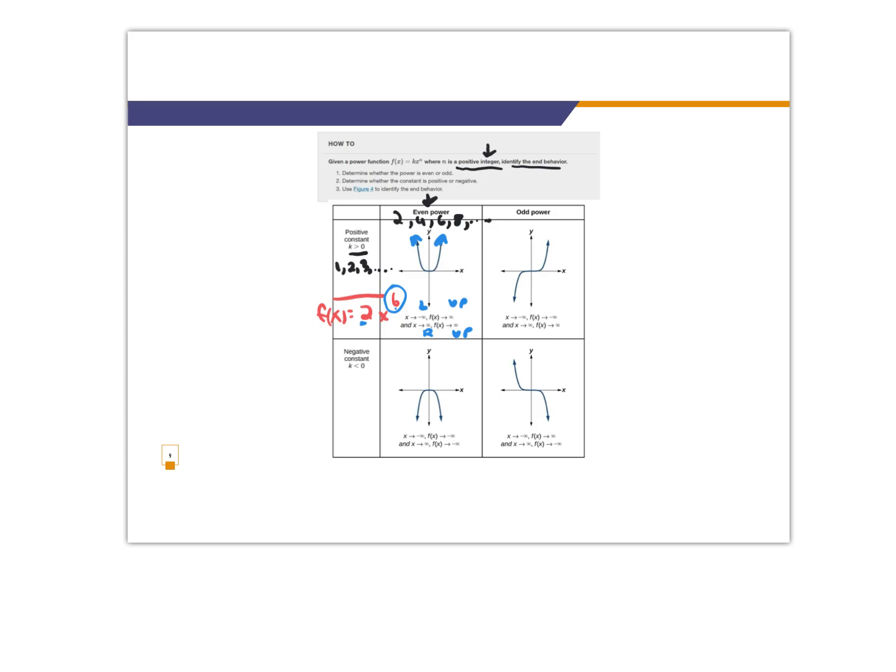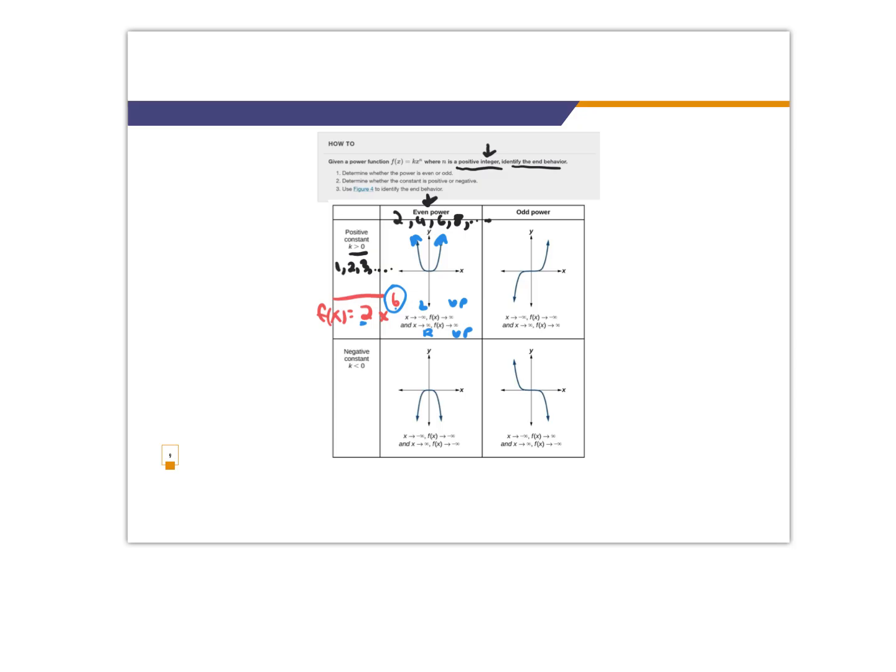Go next door, and we happen to see, what if the power is odd? Well, if the power is odd and the number in front is still greater than 0, that means positive. That would look like this. Let me write this one out. I did f of x is 2x to the 3 a minute ago.